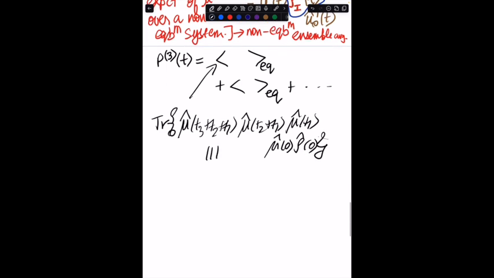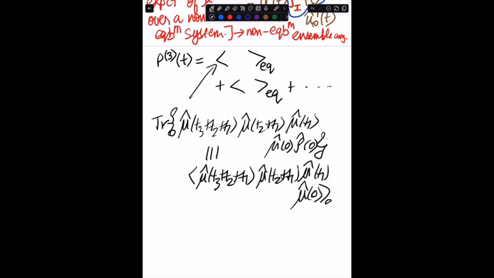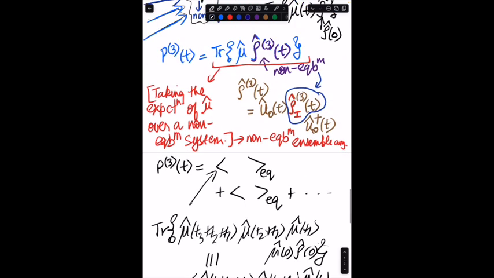And this term will just be equivalent to measuring the expectation of this effective observable. And it is an equilibrium average because my density operator is at rest. So this is just mu hat T3 plus T2 plus T1, mu hat T2 plus T1, mu hat T1, mu hat 0, and this is an equilibrium average.